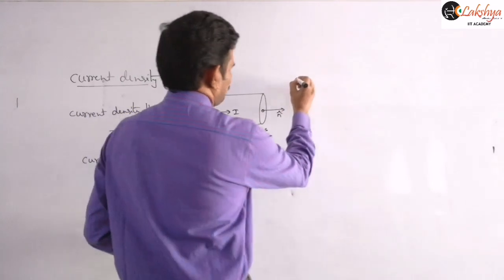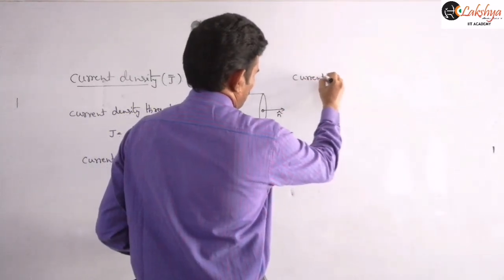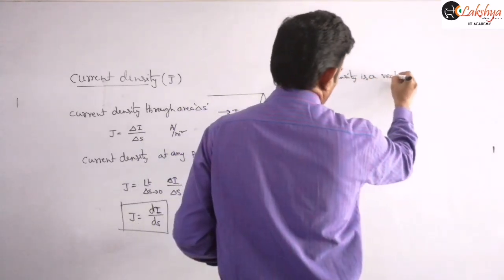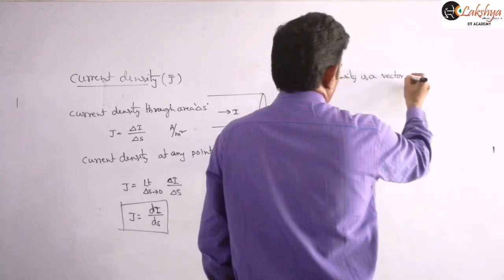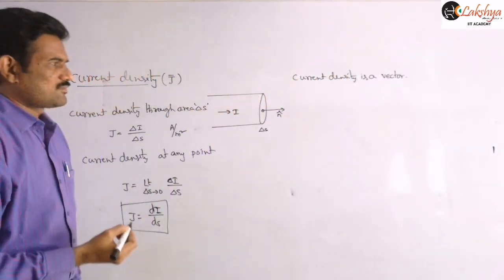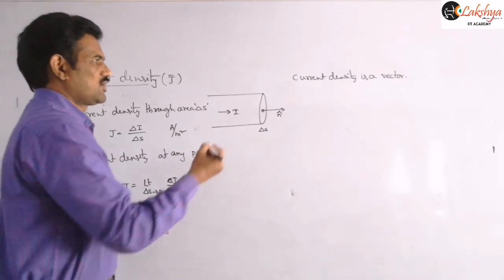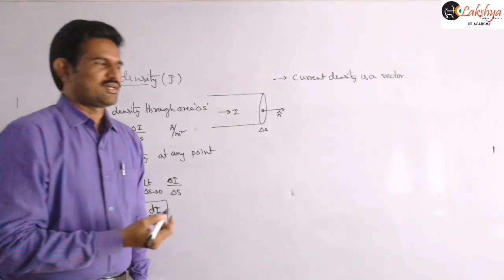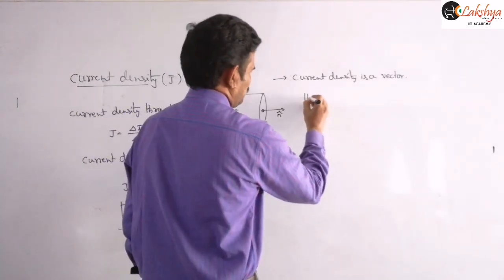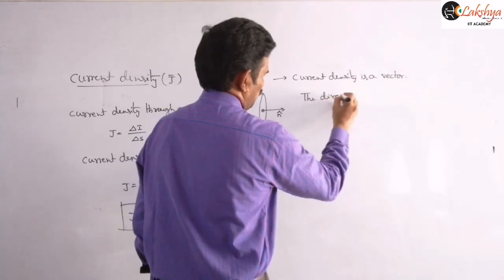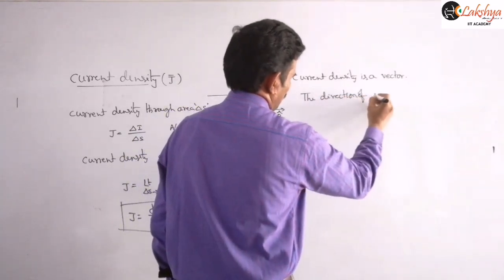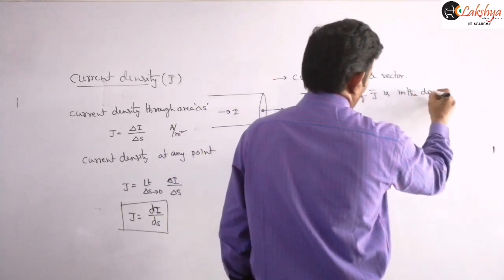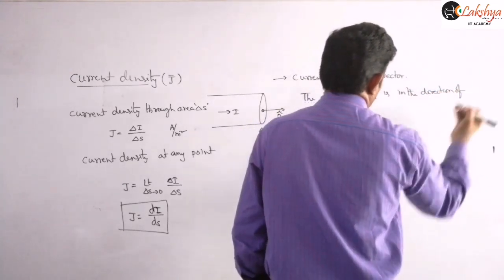So that means current density is a vector, right? And its direction is in the direction of I. Whatever the conventional current direction we are taking, the direction of J bar is in the direction of current, right?